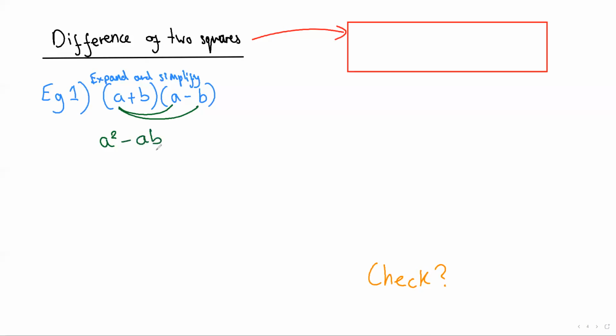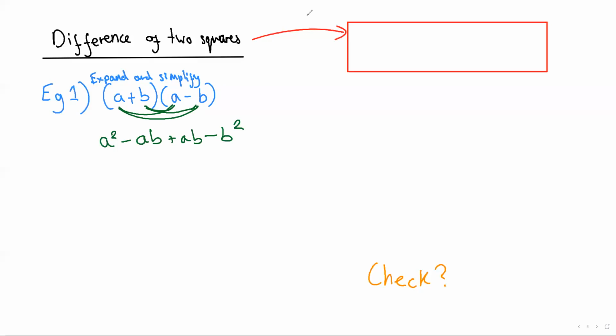And then we're going to multiply this second term by each of these. And then we get a times b, which is ab. And then we get b times minus b, which is minus b squared, like that.